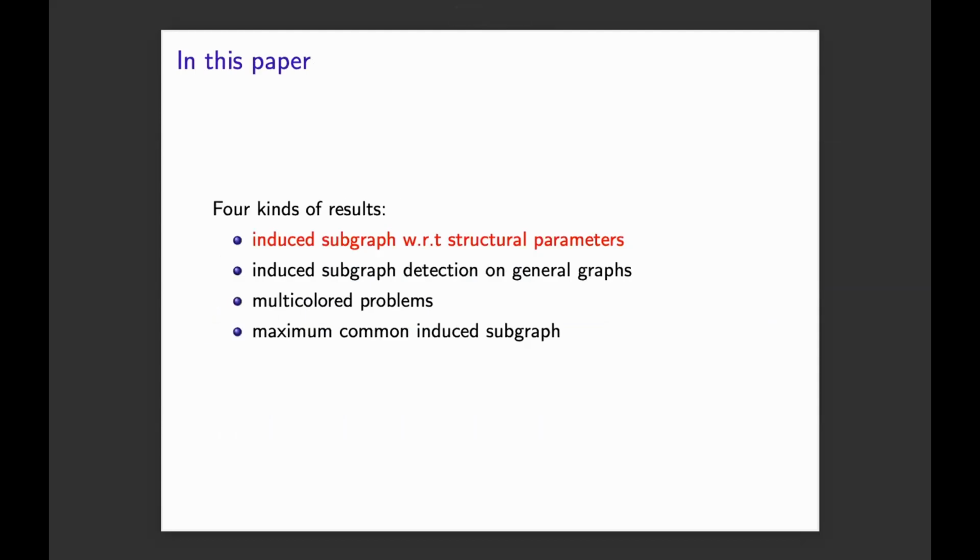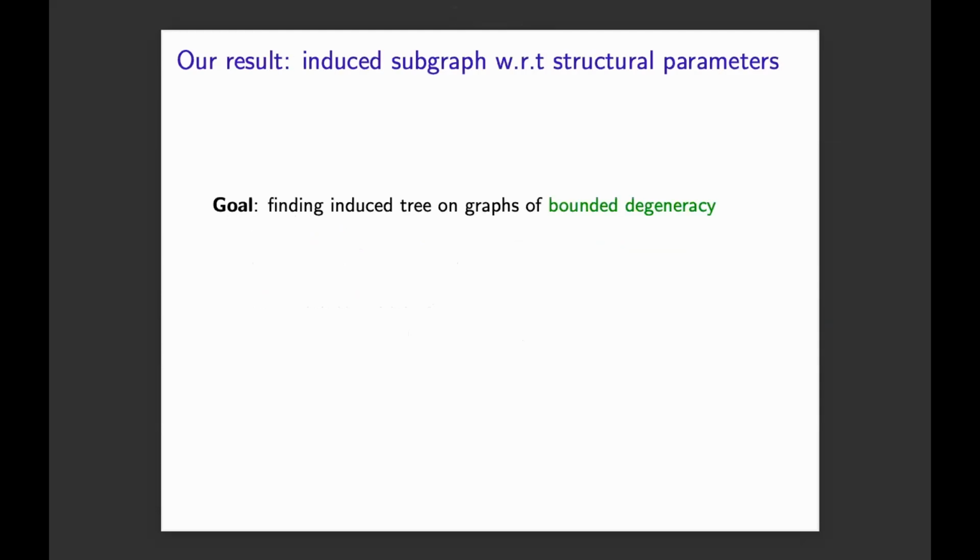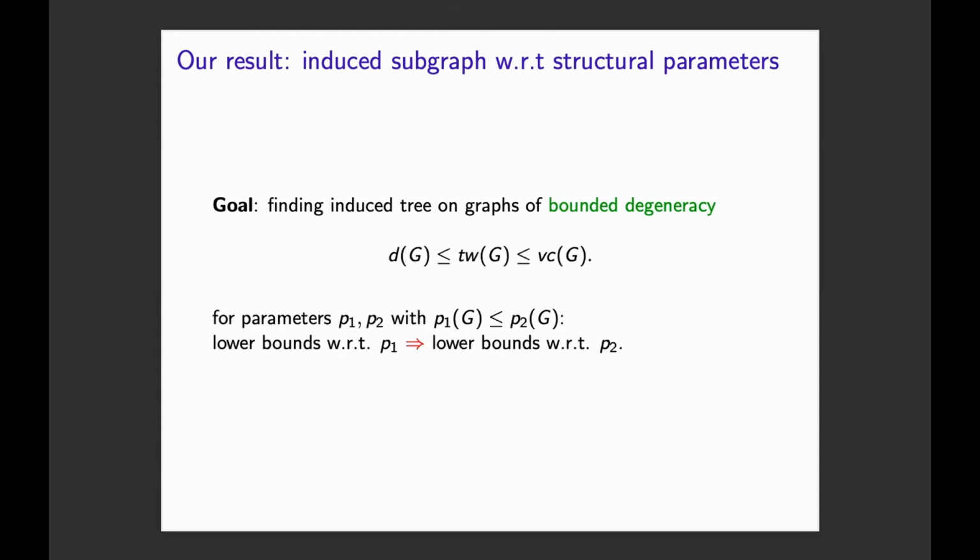Okay, so let's start with the details of our first result. Back to our goal, we want to find an induced k-tree in graphs of bounded degeneracy. Degeneracy itself has been studied very well in distributed settings, but in our case it's also interesting because, as we already mentioned, there are useful methods in parameterized complexity, like random separation, for designing efficient algorithms in CONGEST.